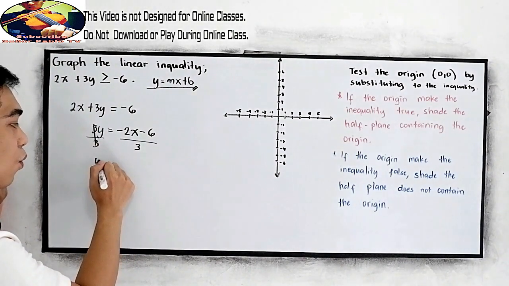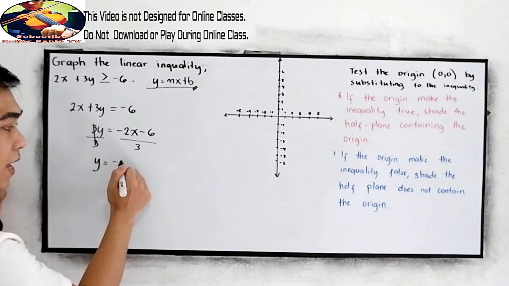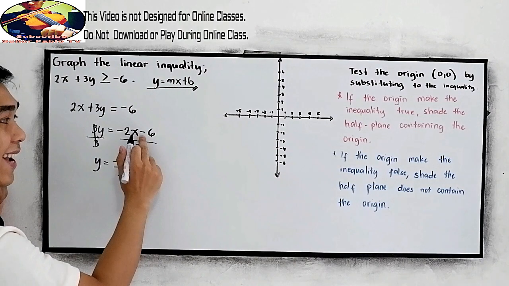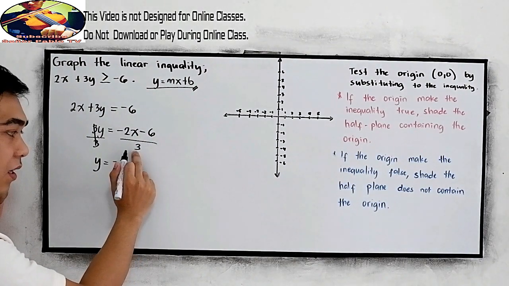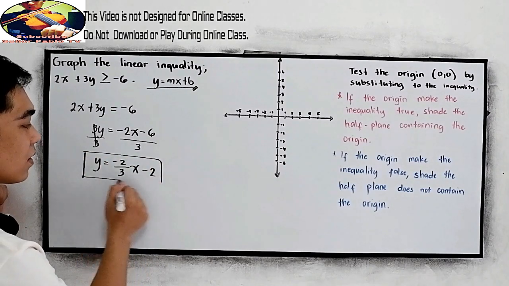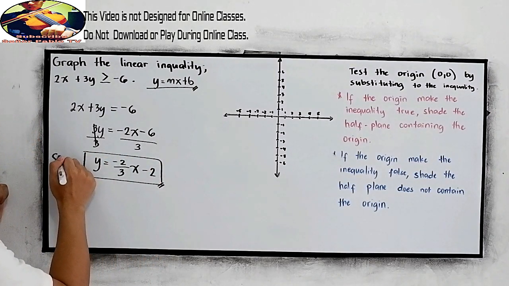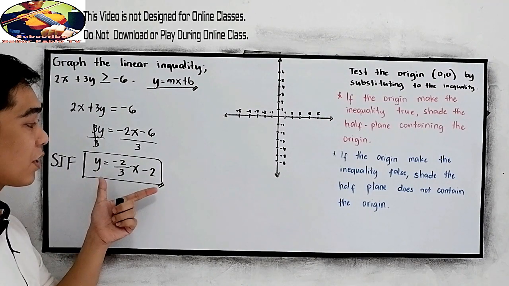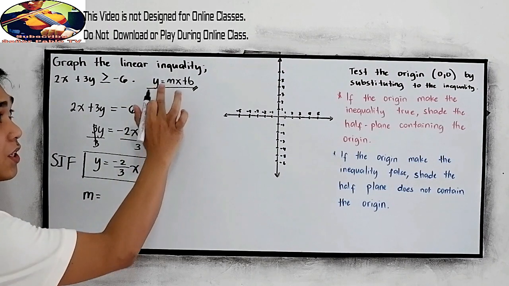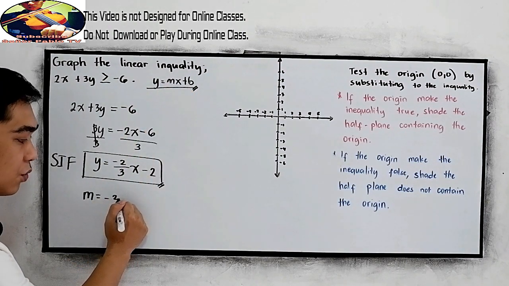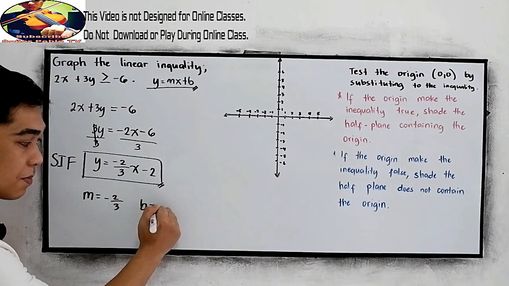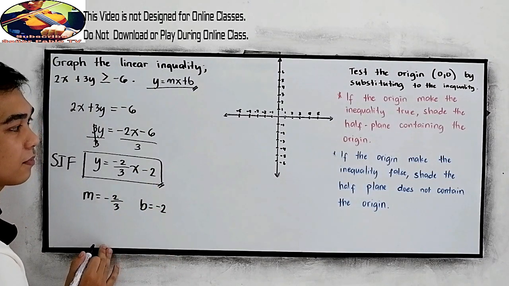So we have now y is equal to negative 2 over 3 x, then negative 6 divided by positive 3, that is negative 2. So this is now our slope-intercept form. In our slope-intercept form, we can find our m, which is the slope, negative 2 over 3, and our y-intercept, which is b, negative 2.